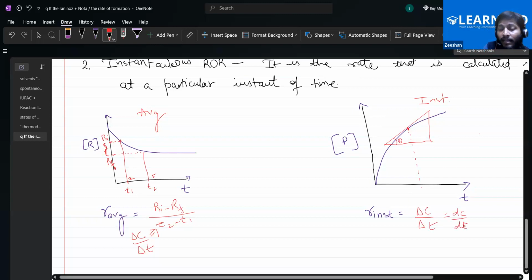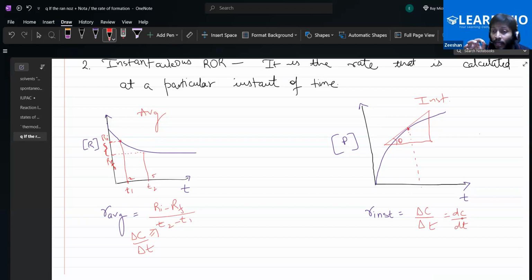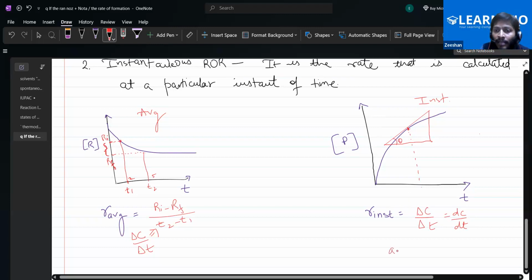When this is at an instant of time, as Zainab, you have said, at an instant of time, or you can say a very, very small moment of time, we will denote it by small d. You remember, like acceleration, we say dv by dt, or velocity, dx by dt.